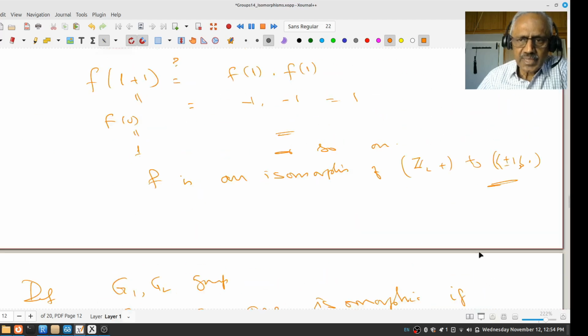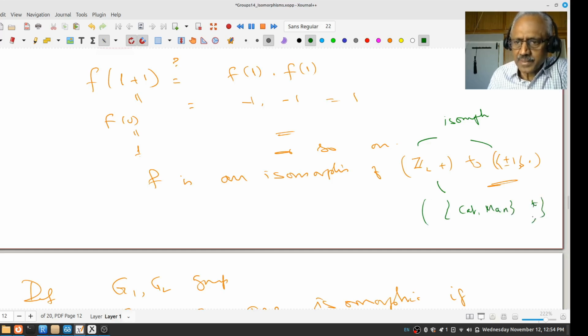Okay, using that language, therefore we say this group and this group are isomorphic, and they are also isomorphic to my cat and man group under whatever the binary operation I define.